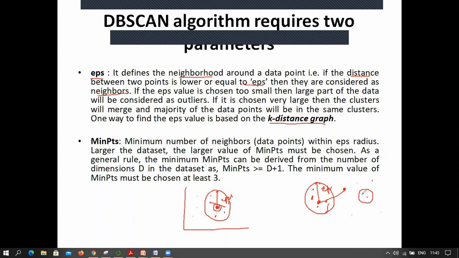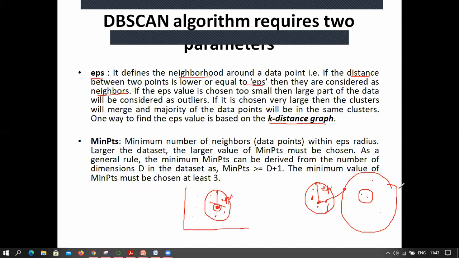So there would be very few points coming inside this. Most of them may be considered as outliers, or you can say noise. But if I take a very large value, suppose I'm drawing a circle with a very large value of epsilon, then the majority of data points would come within the same cluster.